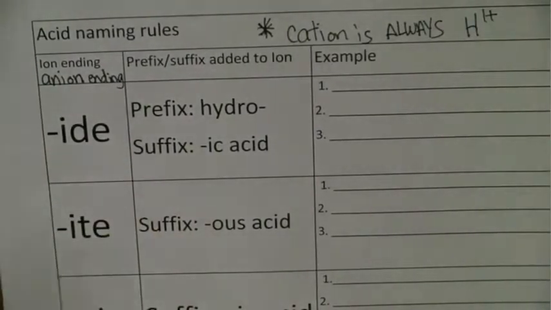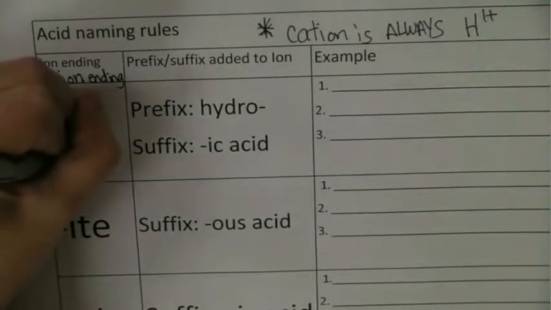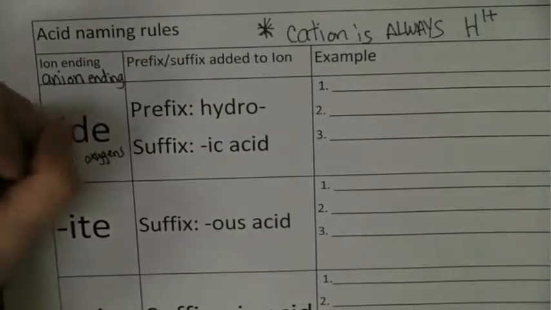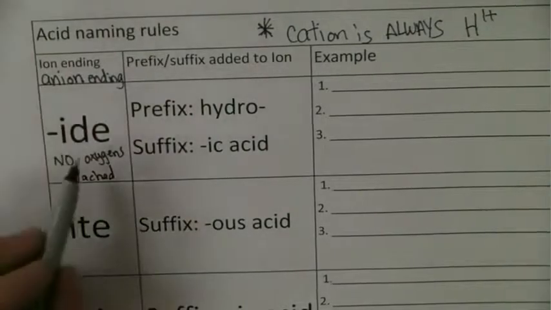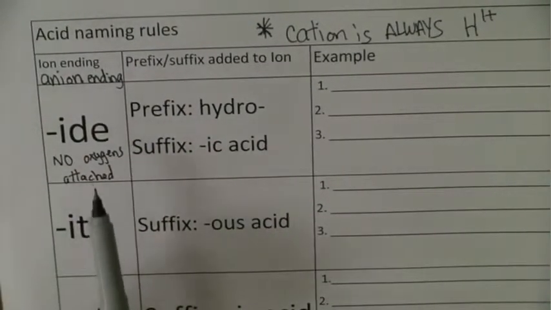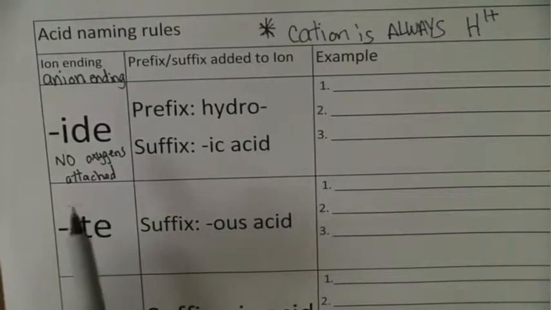So naming rules. If we cross hydrogen, the hydrogen ion, H+1, with an anion that ends in "ide," and remember, "ide," if you want to make a note somewhere around it, no oxygens attached. If your anion ends in "ide," remember that's straight from the periodic table. No oxygens attached, simple, like we did before Christmas.